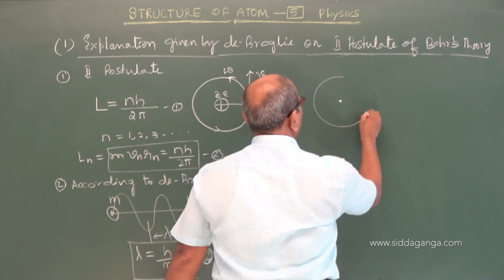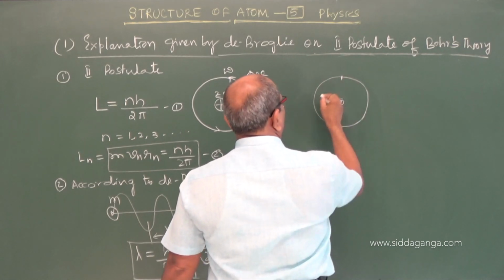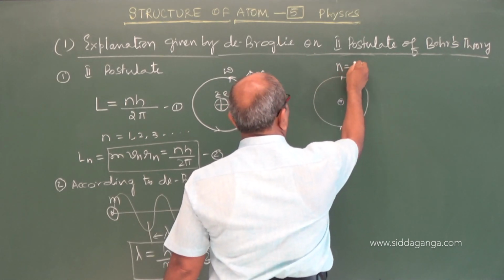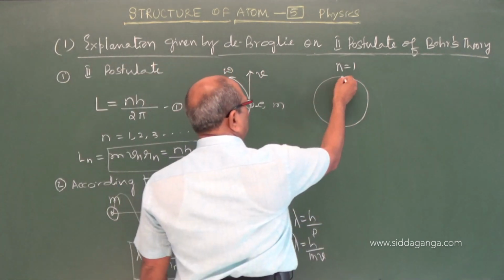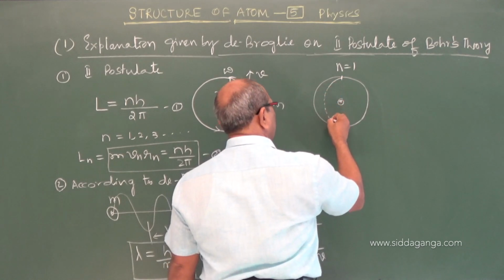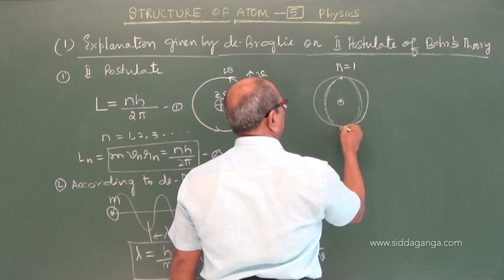This is the first orbit, let it be 1. So for this first orbit, n is equal to 1. There is a minimum chance node to node has to come, and maybe you can get this one in the case of the first orbit.